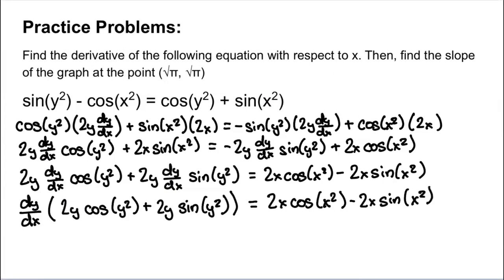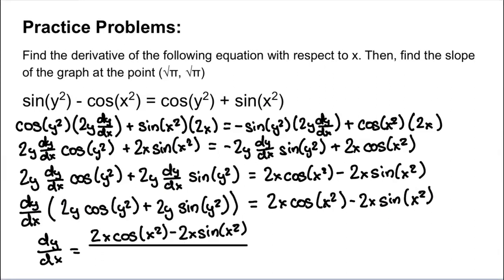We're going to divide this whole term over on both sides to get dy/dx is equal to 2x cosine x squared minus 2x sine x squared all over 2y cosine y squared plus 2y sine y squared.